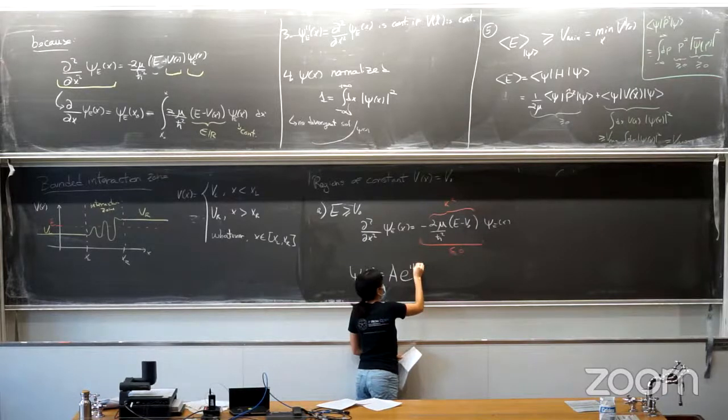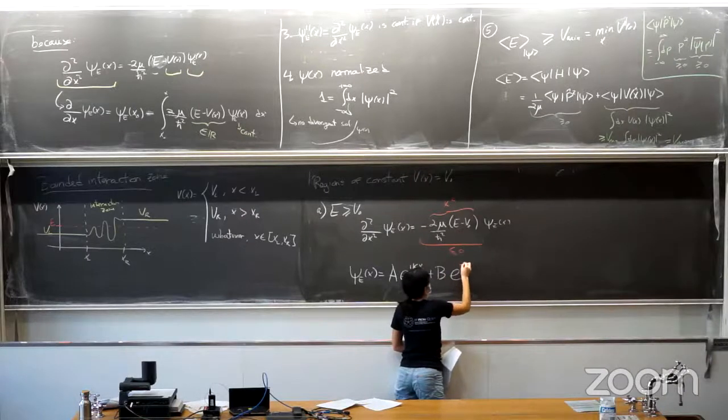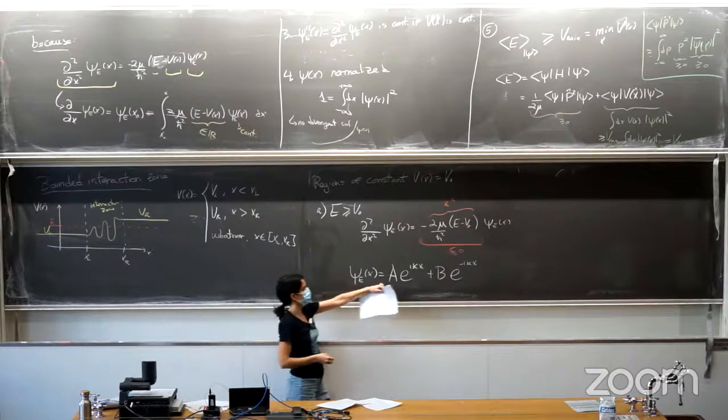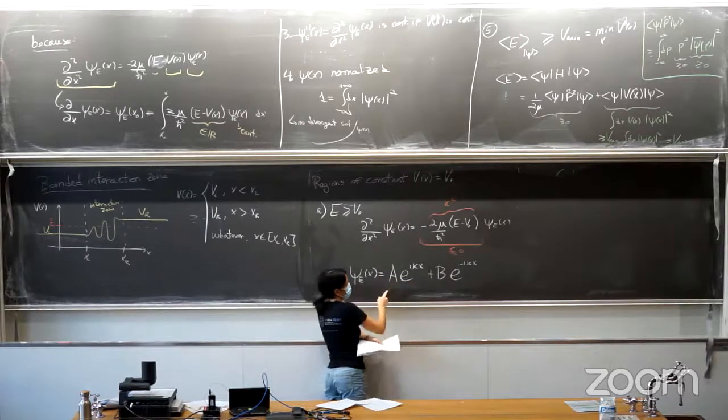Because when you take the first derivative, for example, here, you get the k and the i, and when you take the second one, you get the i squared, so you get -1.